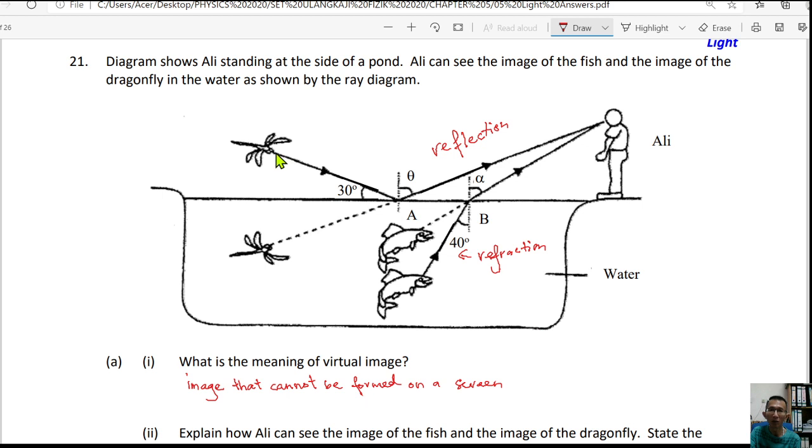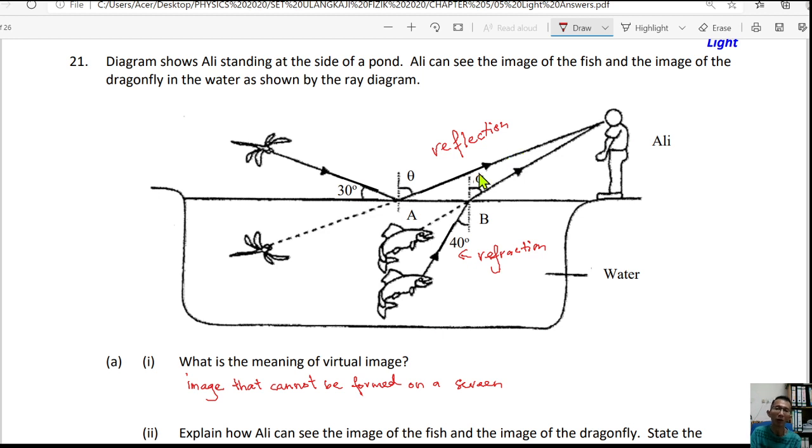But here, from air and then to air until it hits the eye of the observer. So it's the same medium. Here definitely I will have reflection. To be exact, this is actually total internal reflection.